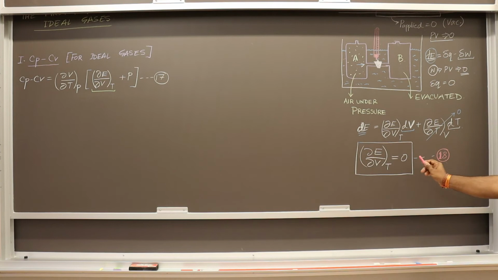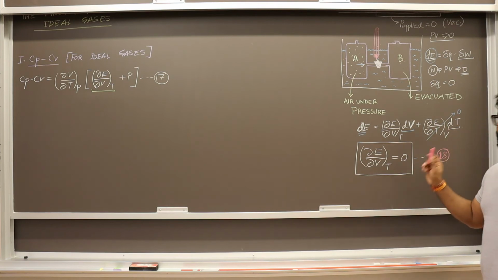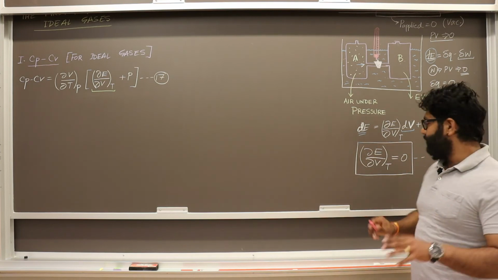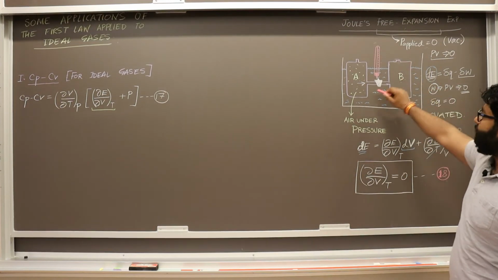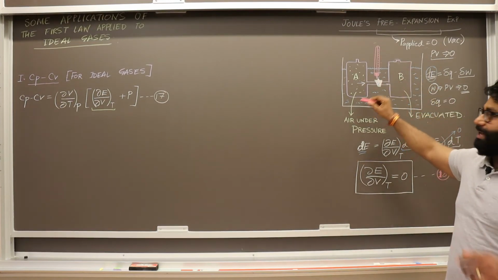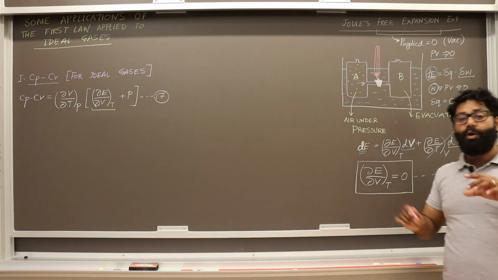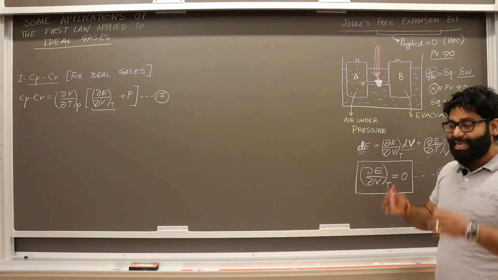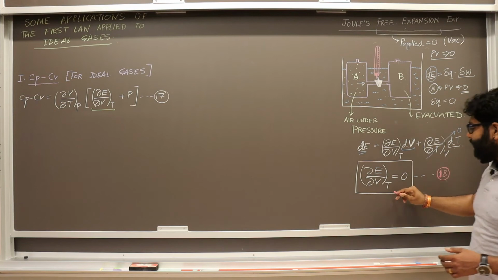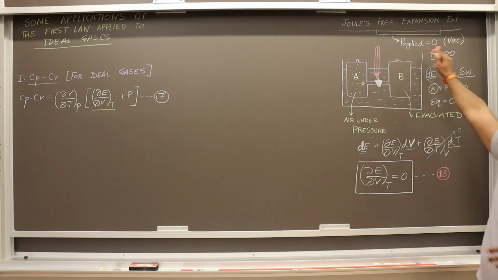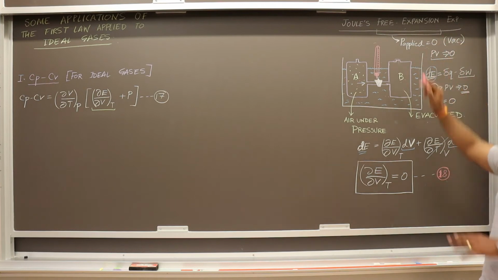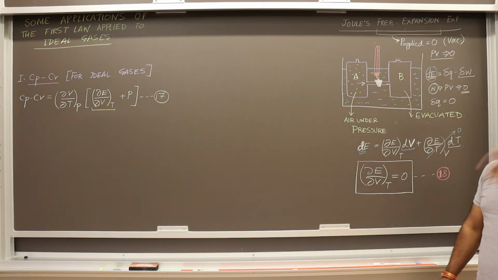So this is only true for an ideal gas. Okay? So this thing was only true if the gas in the Joule's free expansion experiment was an ideal gas. So Joule and Kelvin both did this experiment and came up with the conclusion that this is true only when the gas used in this Joule's free expansion experiment is an ideal gas.